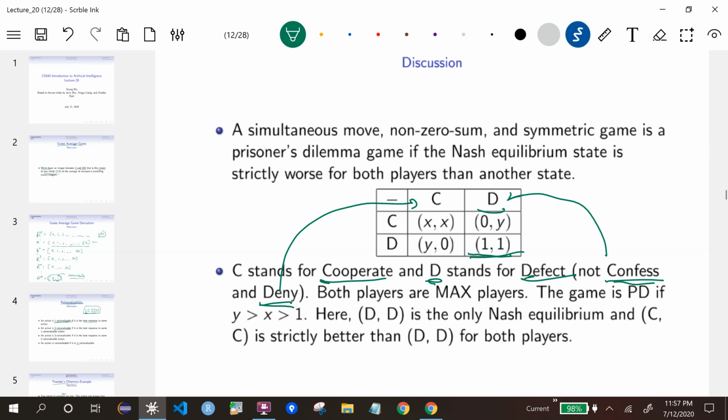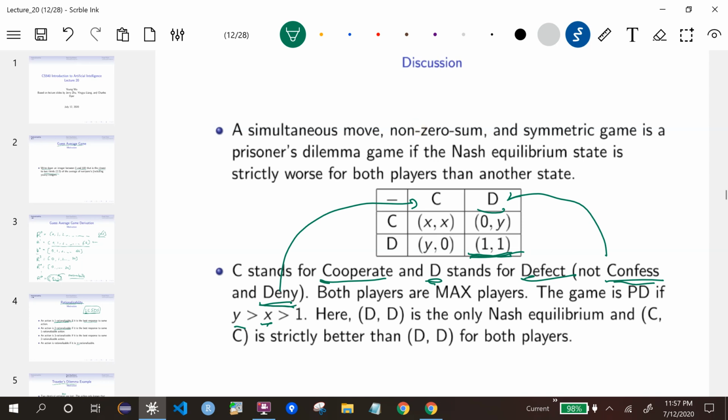So it's just a normalizing constant. We just take it as some kind of unit of payoff. It's not the number of years in prison or something like that. We just say it's 1, so that we can compare this with the other numbers like x and y.